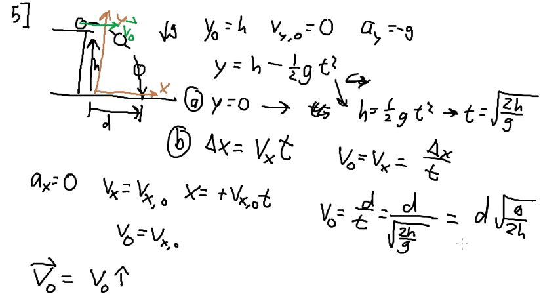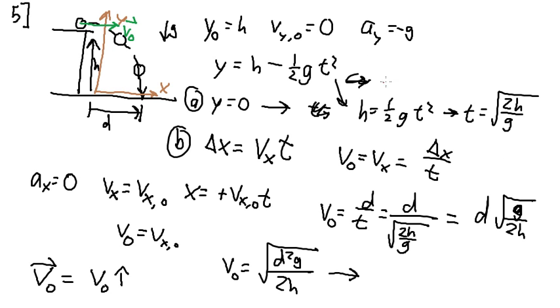So we're just taking that and inverting it. If we want to put it all inside the radical, v naught equals the square root of d squared g over 2h. Fascinating. So let's see what happens when we plug in numbers.